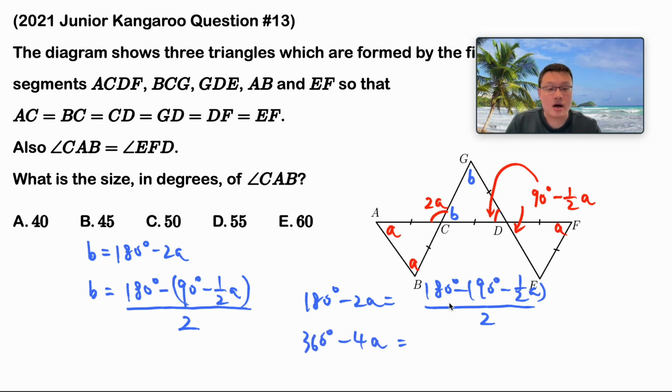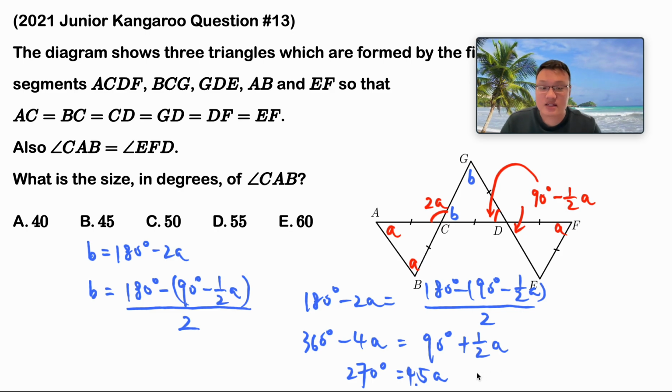Equals 180 minus 90, that will be 90, and 2 negatives give us a positive, so plus half A, right? So you can move that minus 4A to the other side. That will be 4 plus a half, which is 4.5A equals 360 minus 90, you got 270 degrees.